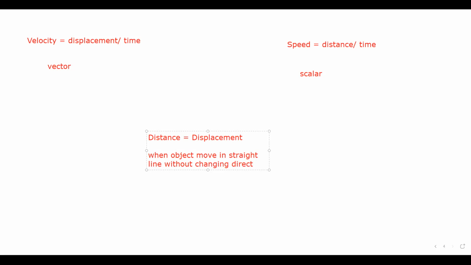So if there is no change in direction, the distance and displacement will be the same. Like if I say the object moves 2 meters towards right, the distance is 2 meters and the displacement is also 2 meters because there is no change in direction.